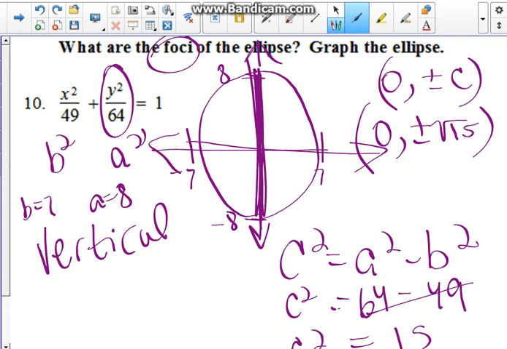Radical 15 is almost 4, not quite 4, so our foci would be about in there somewhere on the y-axis. So about there and there. Okay?